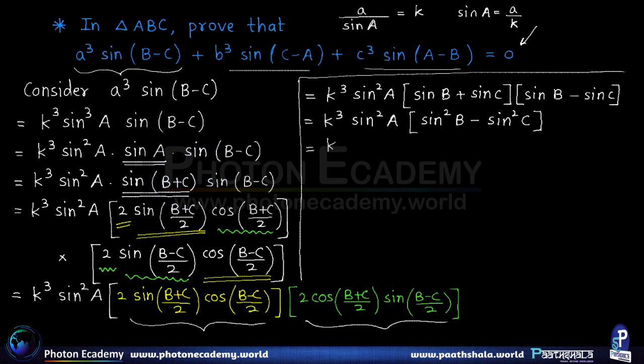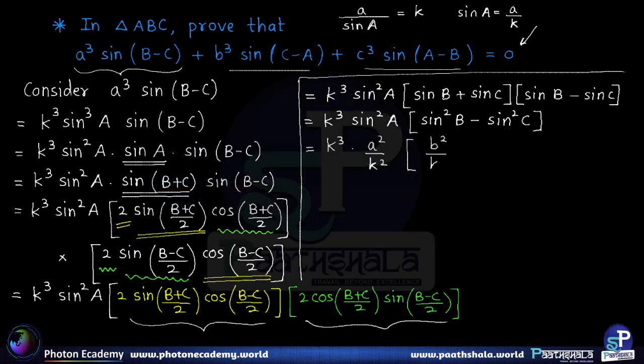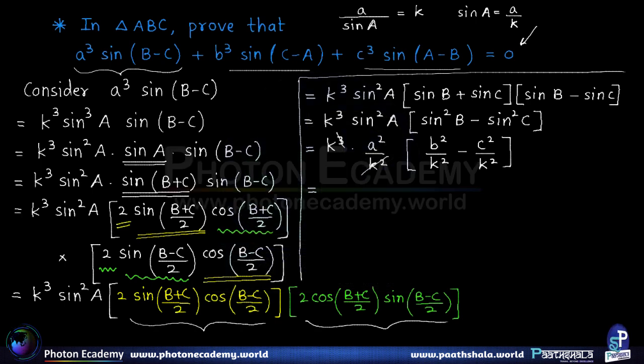So we can write k cube into sine square A as A square upon k square, into the bracket, sine square B is B square upon k square minus C square upon k square, right? So on simplifying, k square will get cancelled with k cube leaving 1 k, but that k will get cancelled from the denominator k square, leaving 1 upon k, and A square into bracket B square minus C square.